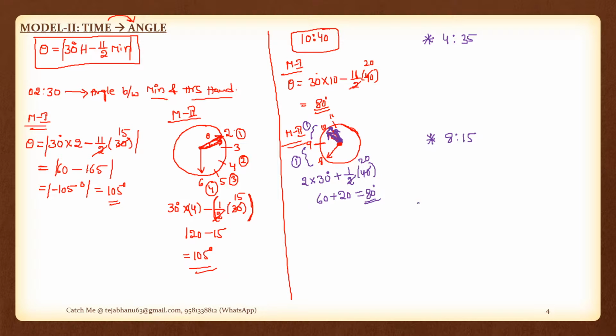Why do we need to take only 30 degrees in the formula? See, why we are taking 30 degrees, I have explained this before.